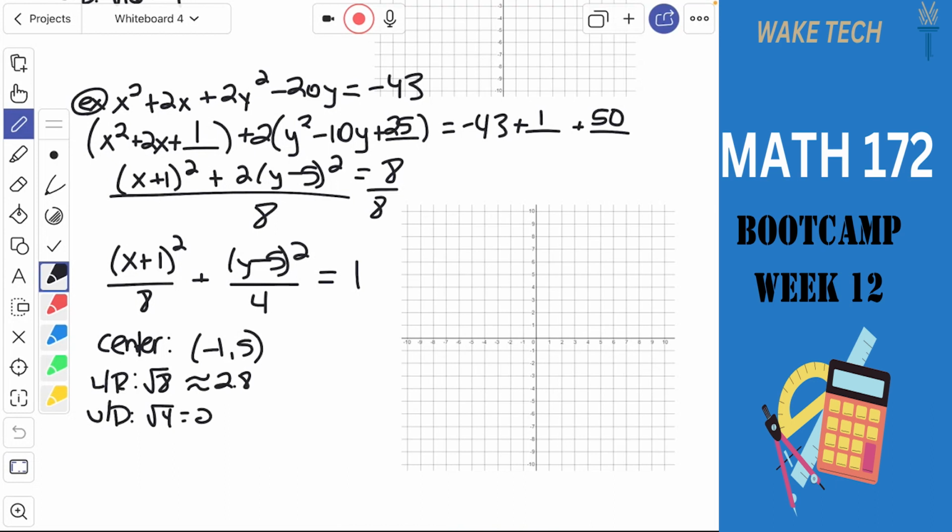So negative 1, 5 for the center, and then up and down 2, I'll do those next. Then left and right 2.8. To get the ellipse.